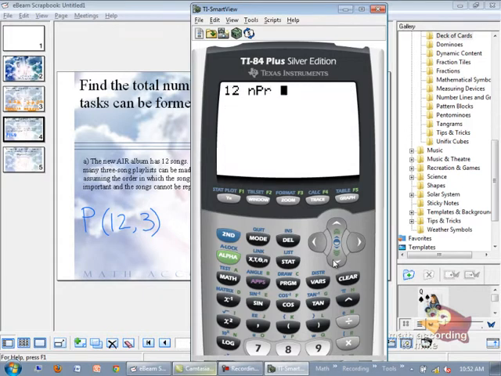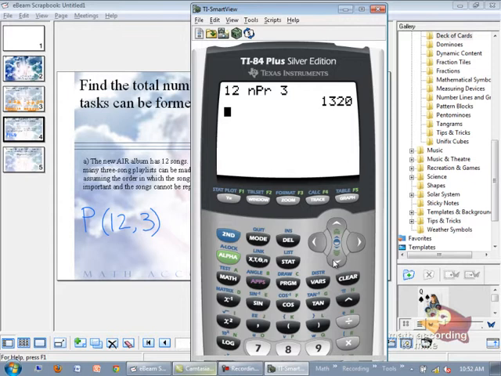And then hit the number 3. So permutation of 12 objects taken 3 at a time in your calculator is 12 nPr 3. Hit enter. There's 1,320 different 3-song playlists that you can make.